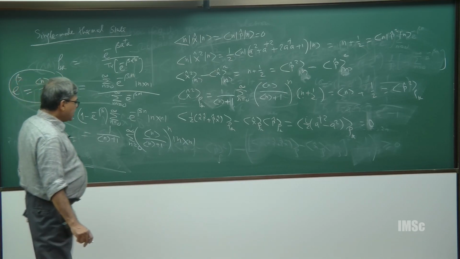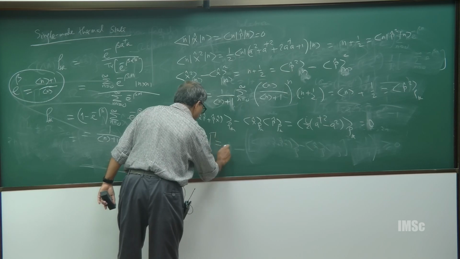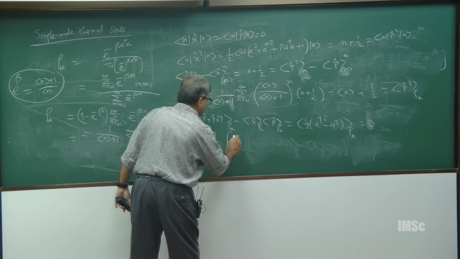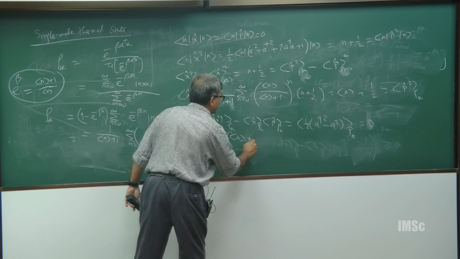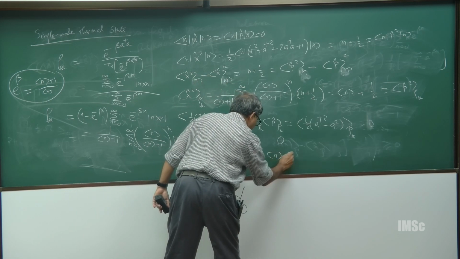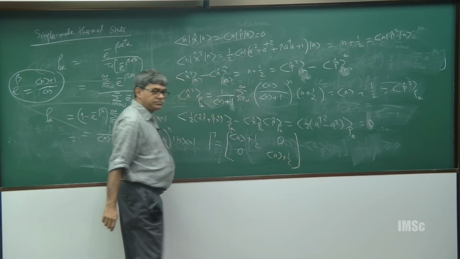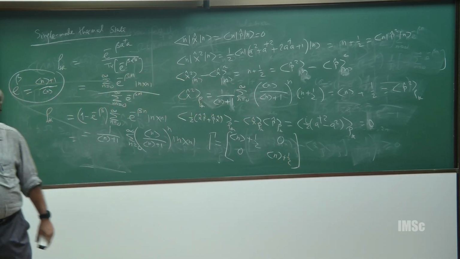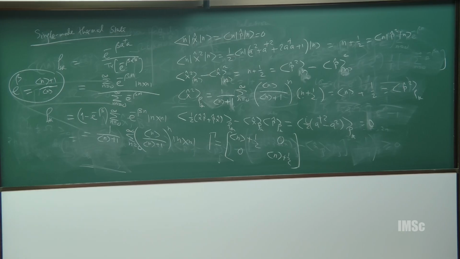So, therefore, if I look at the covariance matrix, in this case it is average n plus half, 0, 0, average n plus half, right. This is the covariance matrix. Now, if we look at that, average n can never be negative, average photon number can never be negative.